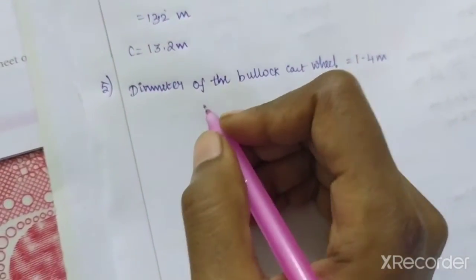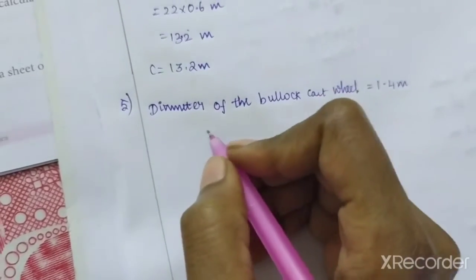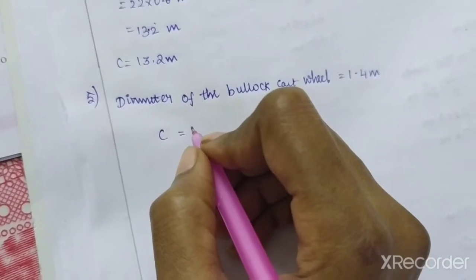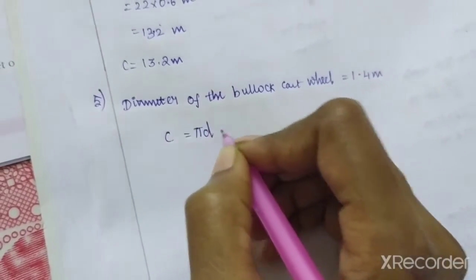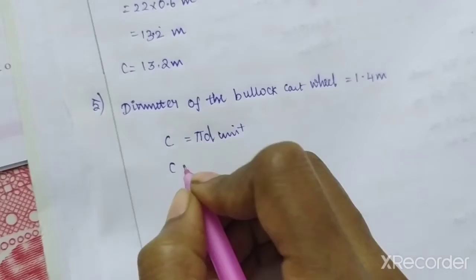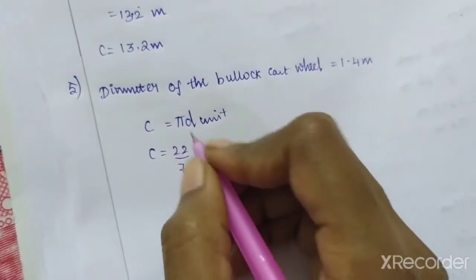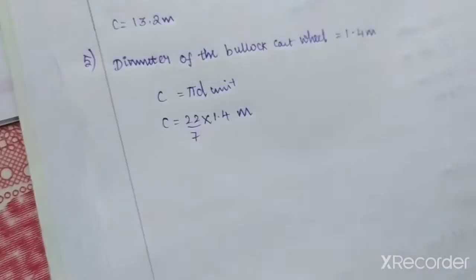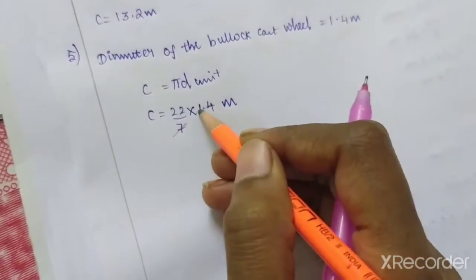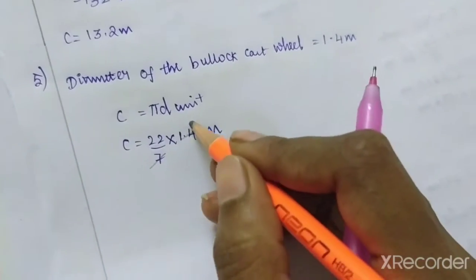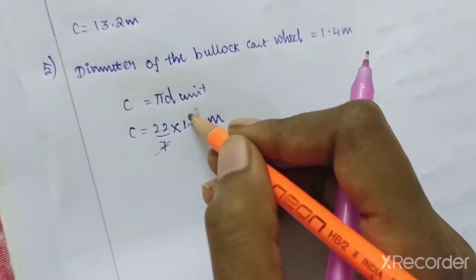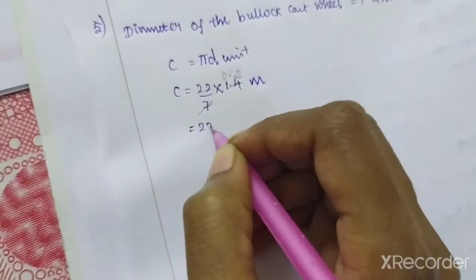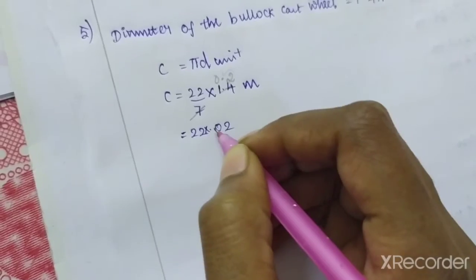How many rounds do they ask? First I need the circumference. C equal to, we have D, so pi D units. So C is equal to 22 by 7. We know pi means 22 by 7. D means 1.4 meter, so I can cancel. Normally I can tell 14, so 2. We have a point, so 1 point, so 0.2. So 22 into 0.2.